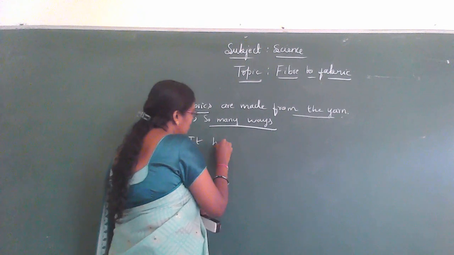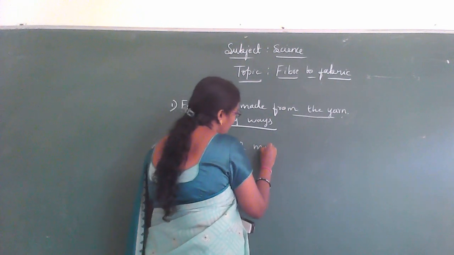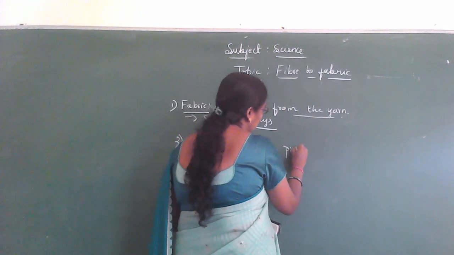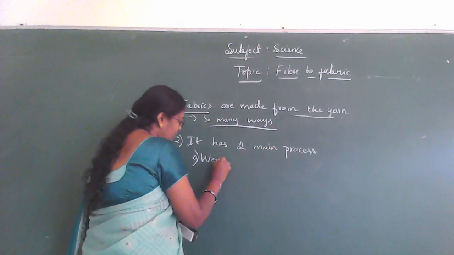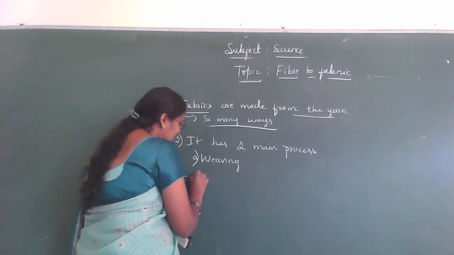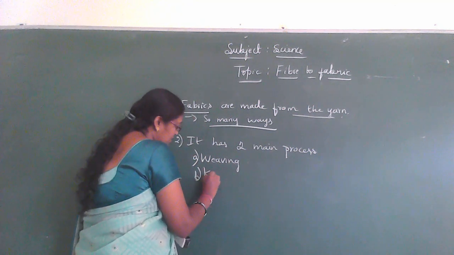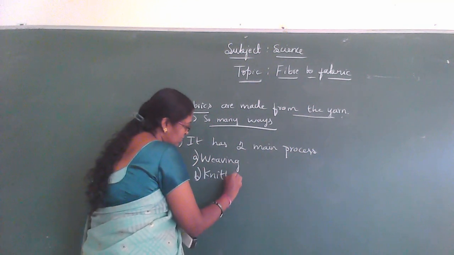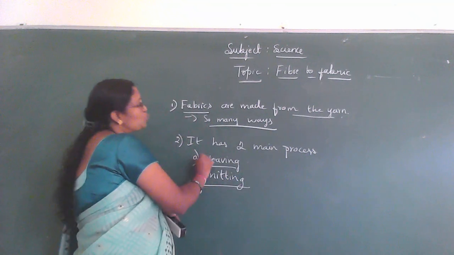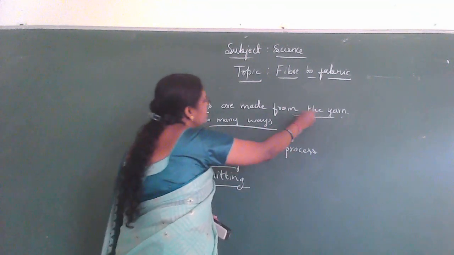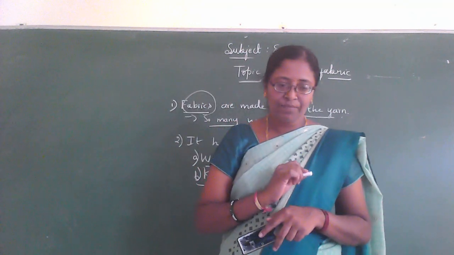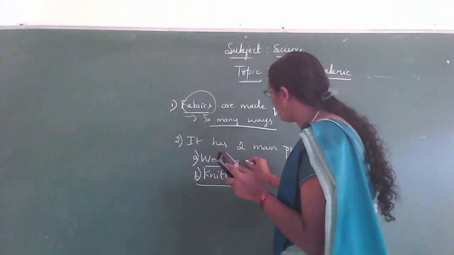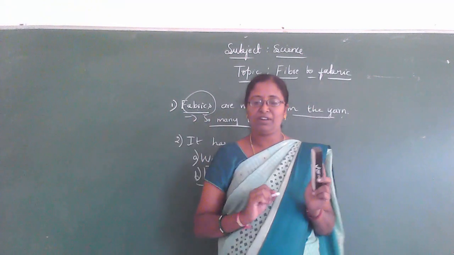One is weaving, another one is knitting. So by these two processes, yarns are used to make the fabrics. Okay. So first let us know what is weaving.